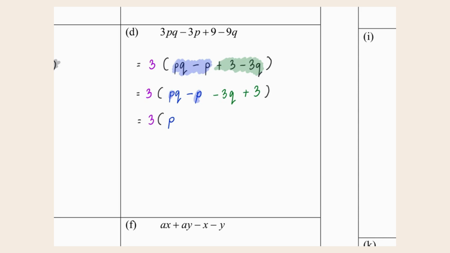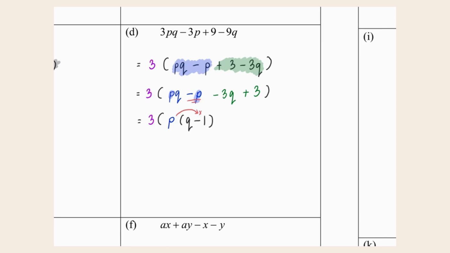I'm left with q minus 1. Yes, because p times negative 1 will give me back my negative p.